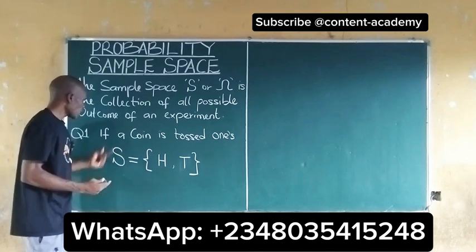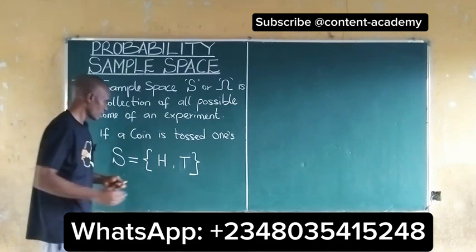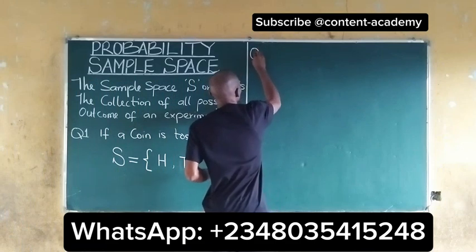Also, what if a coin is tossed 2 times? Question 2.